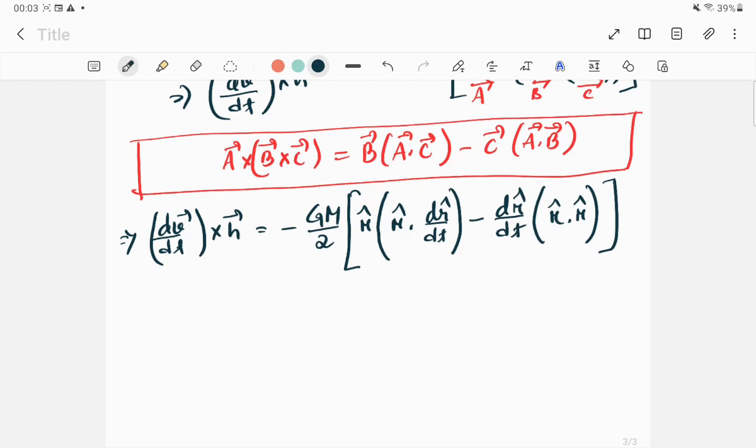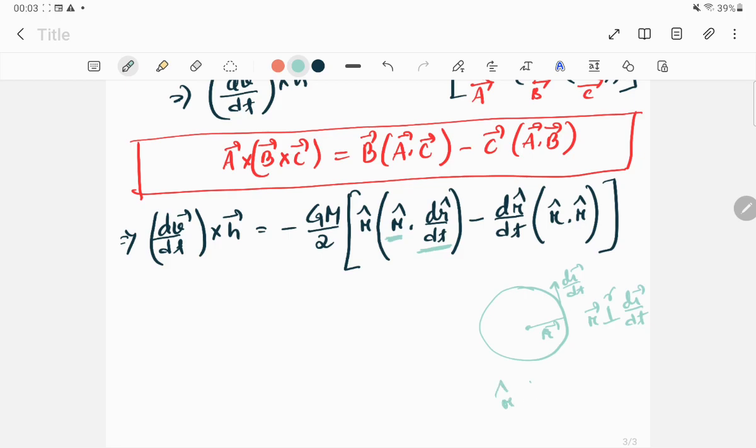Now here you can see that this is the unit vector along the radius vector, and this is the rate of change of unit vector with time. So this is a kind of radius vector and this is a velocity vector. If you remember in one of my classes, I told you that if this is r, this will be your dr dt. So r is always perpendicular to dr dt.